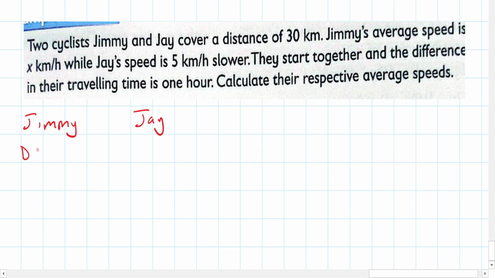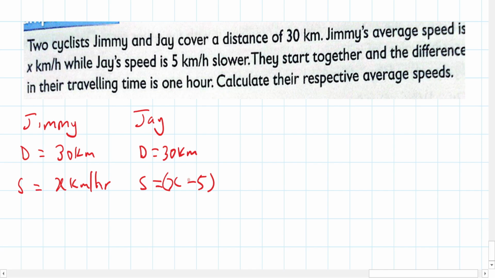The distance that Jimmy covers is obviously 30, and the distance that Jay covers is also 30 kilometers. The speed that Jimmy takes is x kilometers per hour, while Jay takes 5 kilometers per hour slower, which will be x minus 5 kilometers per hour.